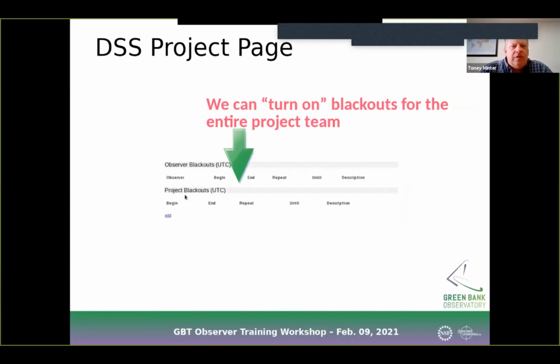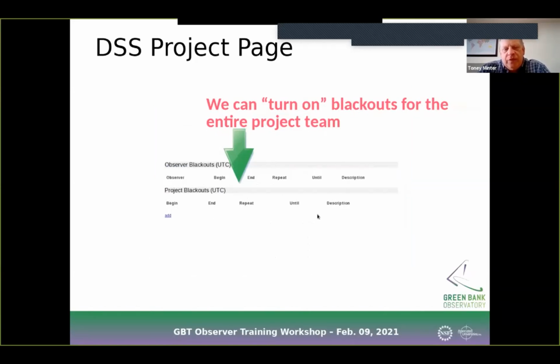But for the project version, the whole project has to be available to be scheduled. So this is a yes or no on the project rather than the observer being a maybe. That's the way to think about it. So if the project can't observe, then the project can't be scheduled, period.